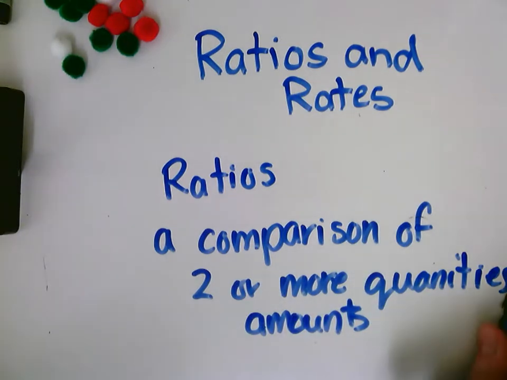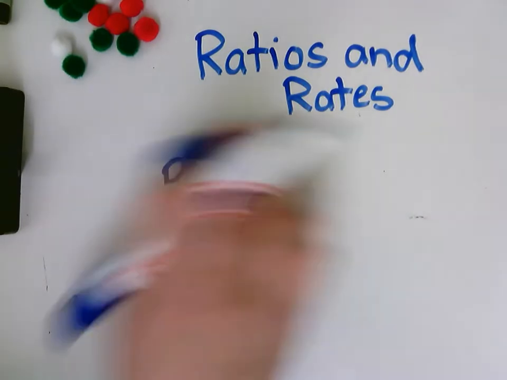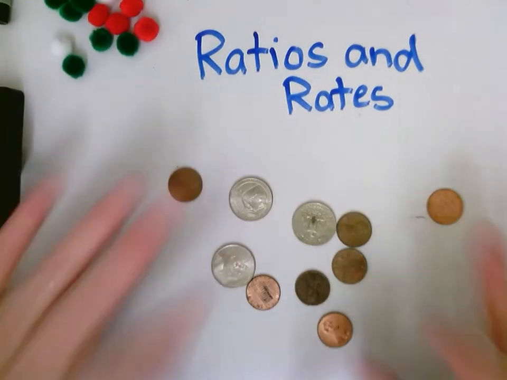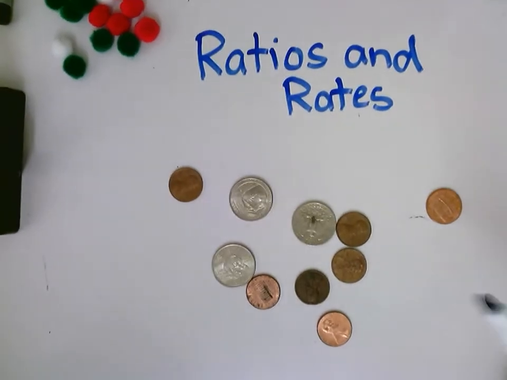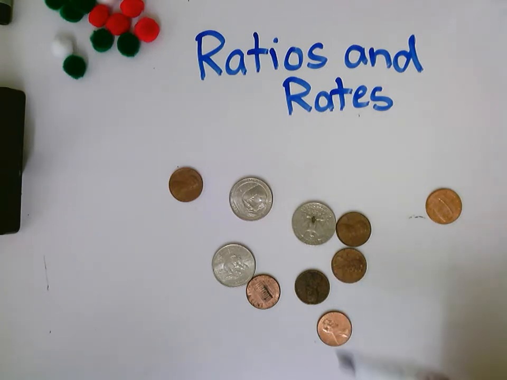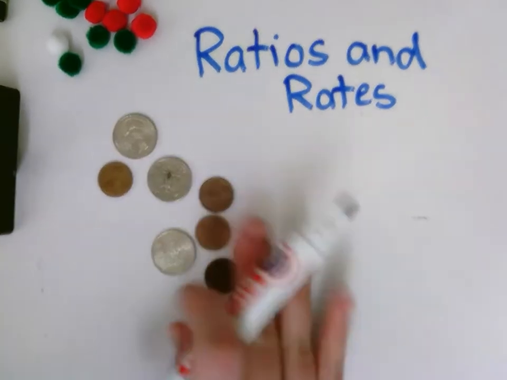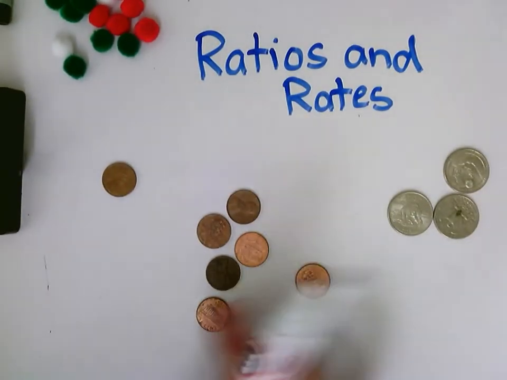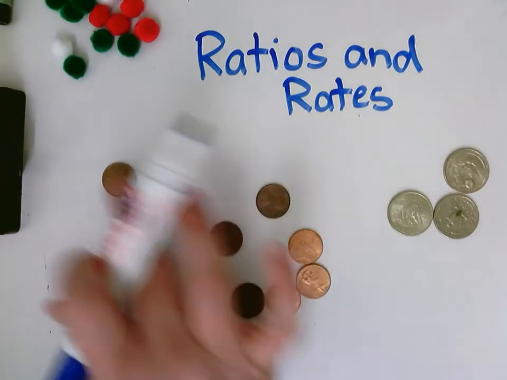Okay, so let's see. I have a bunch of coins here. If you look at my coins, I have some quarters and I have some pennies. So I'm going to compare the amount of quarters I have to the amount of pennies that I have. So I could say I have 1, 2, 3 quarters, and I have 1, 2, 3, 4, 5, 6, 7 pennies.